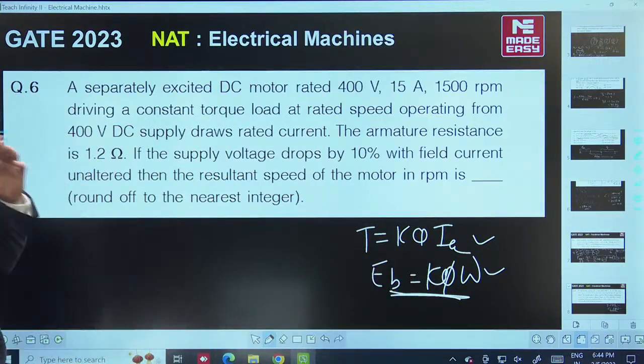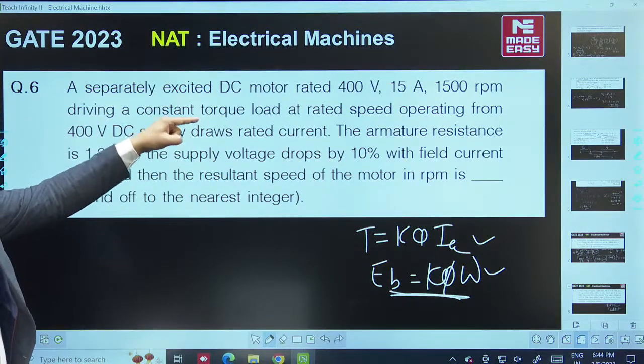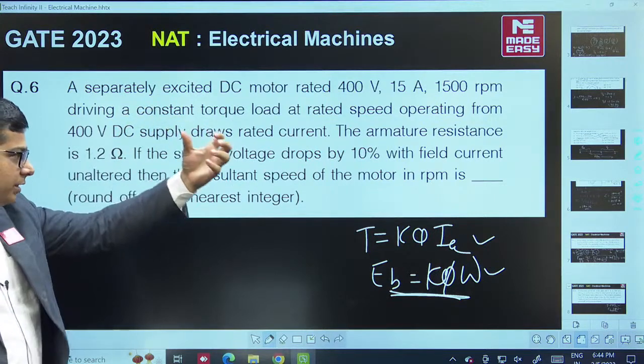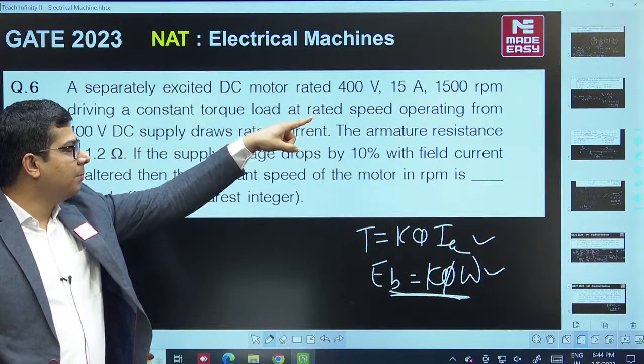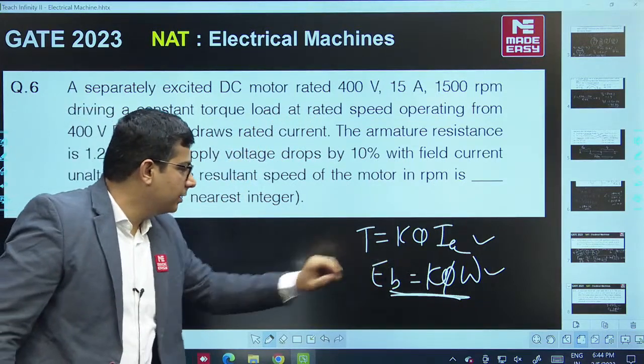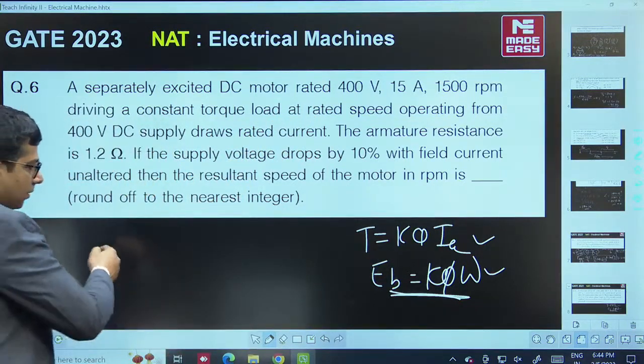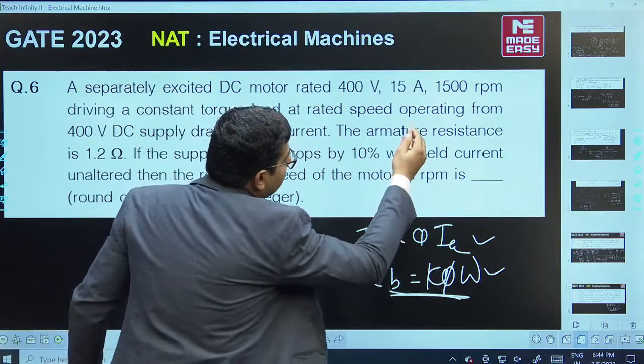When 15 ampere, that is the rated value, is flowing in the motor, it means the motor is taking 15 ampere, and the rated speed is 1500 rpm. So one equation we can develop from here.